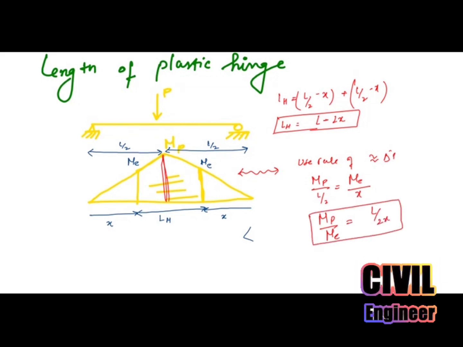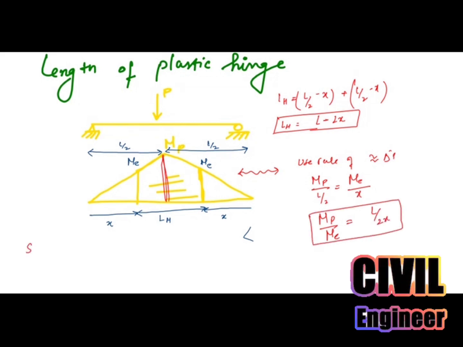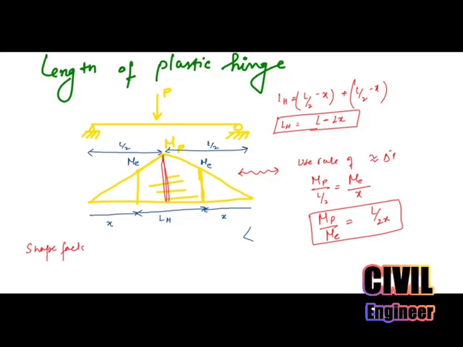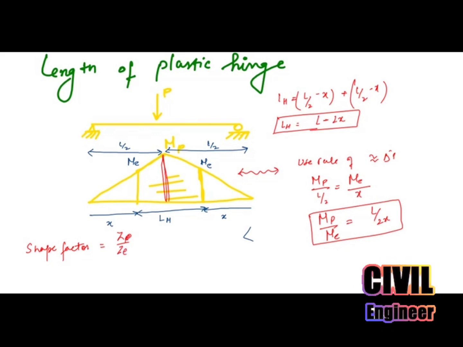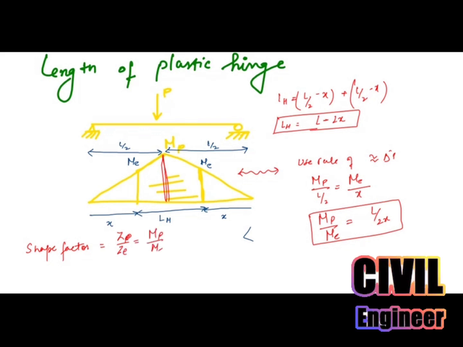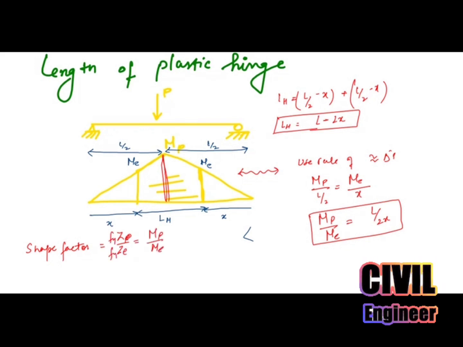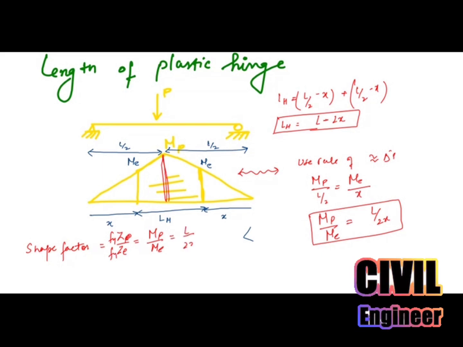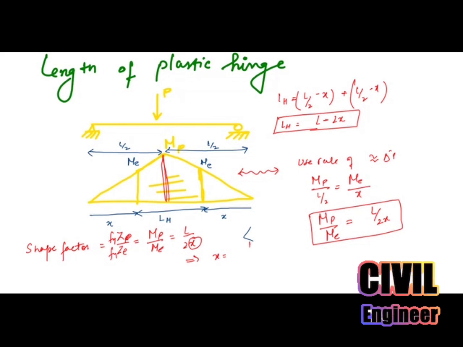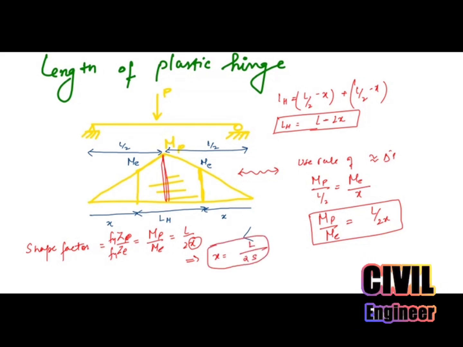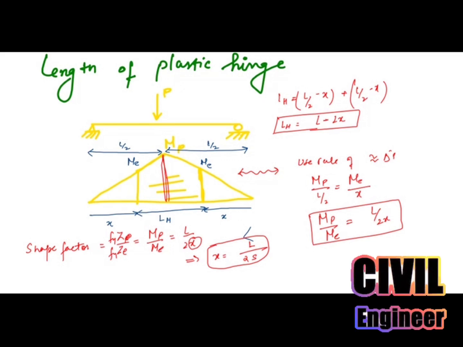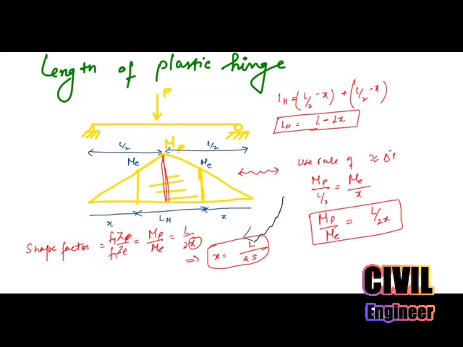The shape factor, as we said earlier, is equal to Z plastic by Z elastic, which is also equal to MP by ME for the same material strength, which is equal to L by 2x. So we can find the value of x from here, which implies x is equal to L divided by 2 into the shape factor.